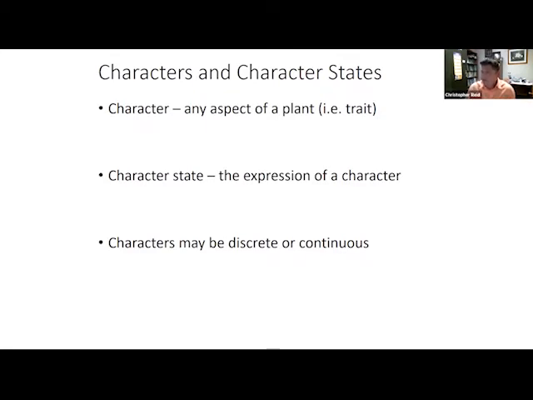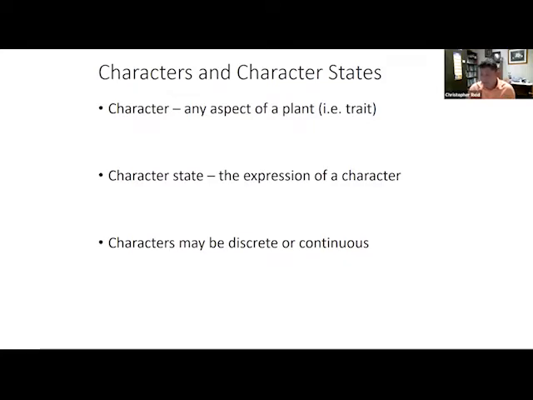Characters can be discrete, like white, pink, yellow, etc. Another example of a discrete character would be presence or absence. Or it can be continuous or quantitative. For example, leaf measurements. Let's say leaf length.